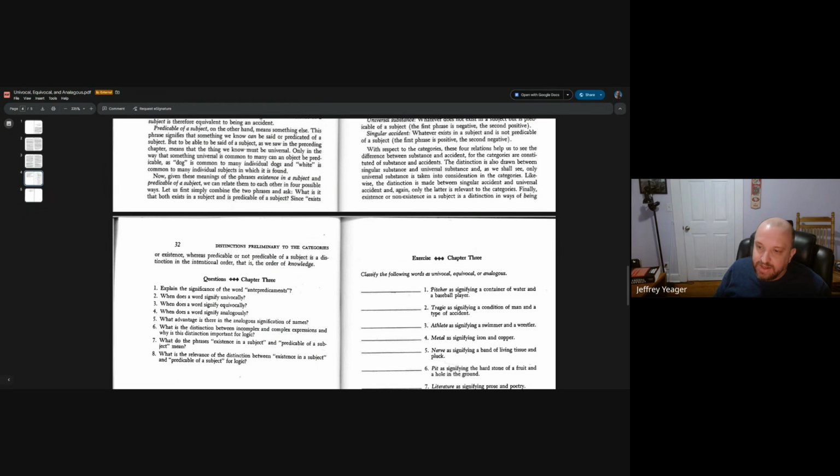Nerve is signifying a band of living tissue, and pluck. Pluck means courage. This one's a little tougher. Think about, lots of times people would use something like cat guts, right?